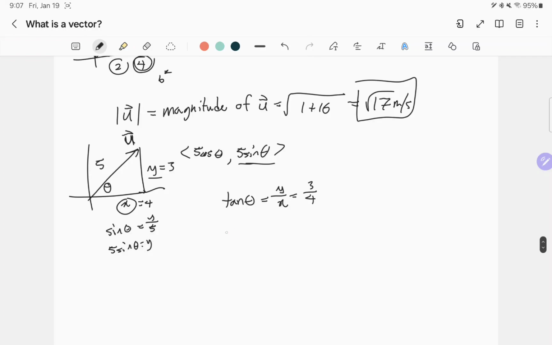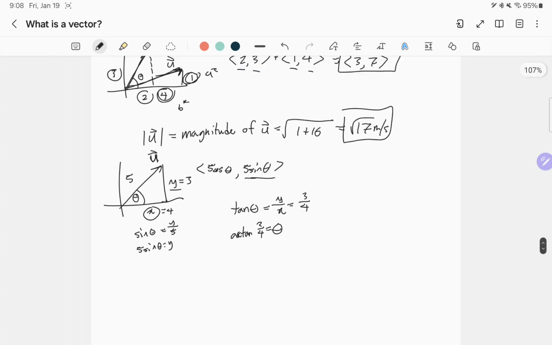So this will give us arctan of 3 over 4 equals theta. And this would be the exact solution, and obviously you can also plug it into a scientific calculator to get an approximate solution. So I'm not going to plug that in right now, but that will give this angle theta. And that's really how you would use it.